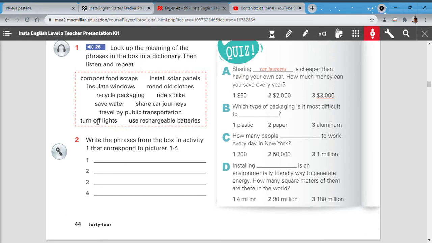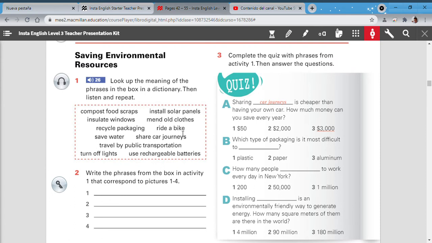Turn off or turn on? In this case, turn off means apagar. Turn off the lights, apagar la luz o las luces en plural. Install solar panels. Yes, instalar paneles solares. Perfect. Take notes. Idea for wash clothes.